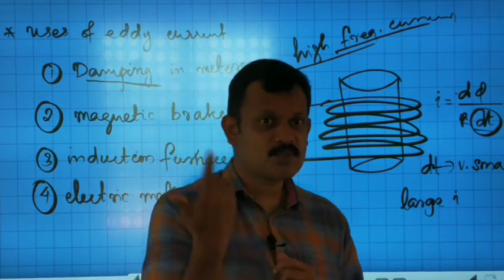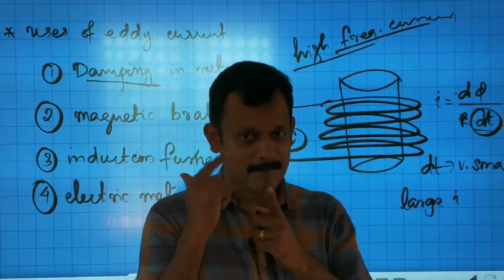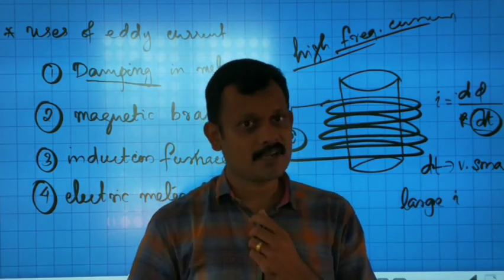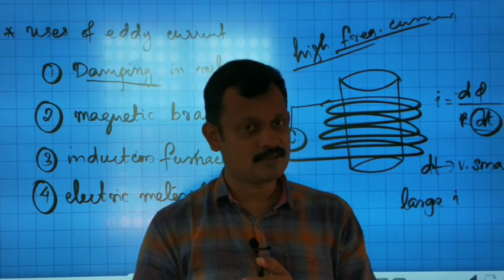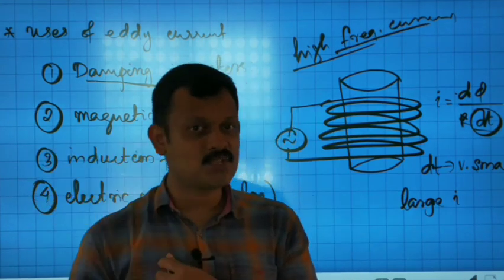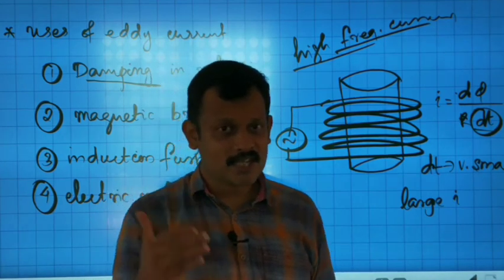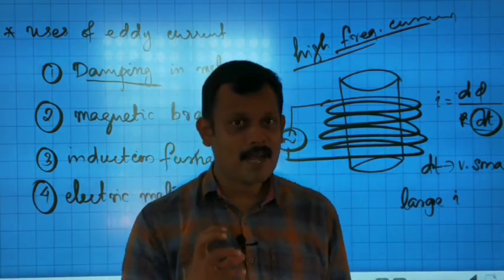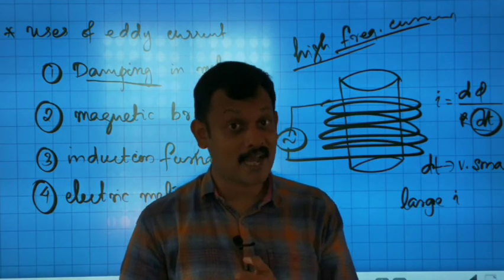In such meters, what happens when current is passed through the meter? There will be electromagnets present. Different devices consume different currents, so these electromagnets get magnetized accordingly.